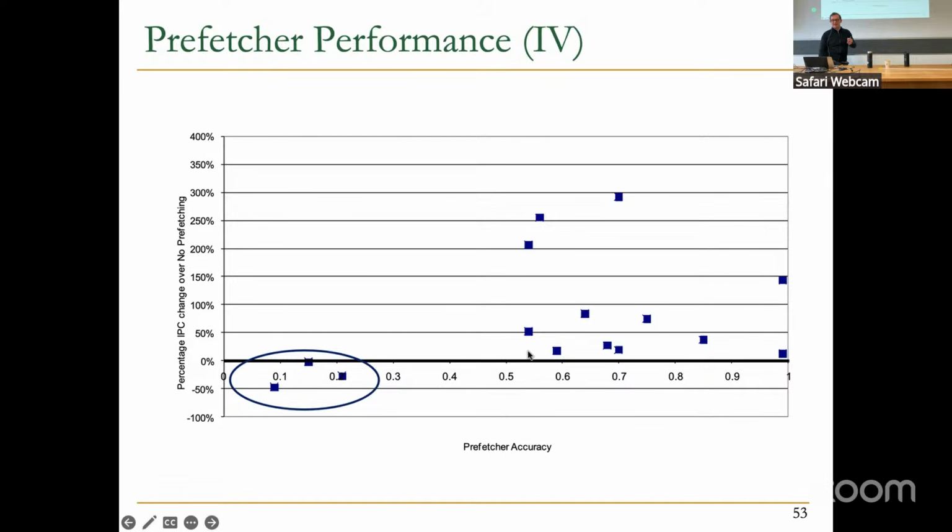You can see that there is some correlation, right? If your prefetcher is terrible in terms of accuracy, you don't improve performance that much, or you lose performance. If your prefetcher is better in accuracy, in general, you gain performance, but not guaranteed, right? Hopefully that makes sense.